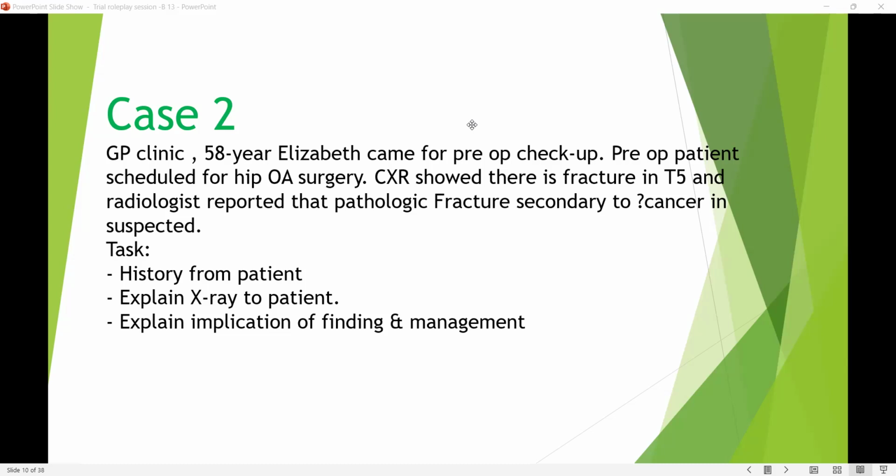Okay, doctor, I'm coming here for just pre-operative investigation, and you're telling me I'm having cancer. No, we are suspecting, that's it. We need to take some other scans to make sure whether there is cancer or not. That's really shocking news for me.